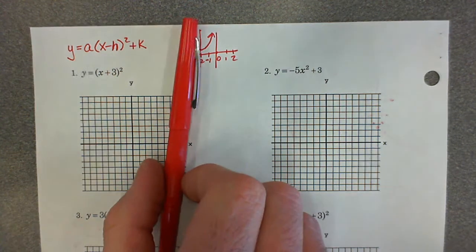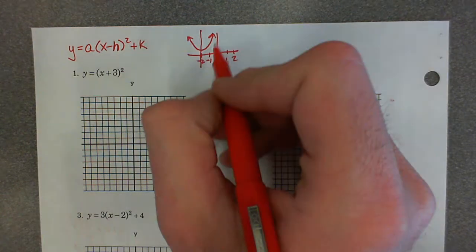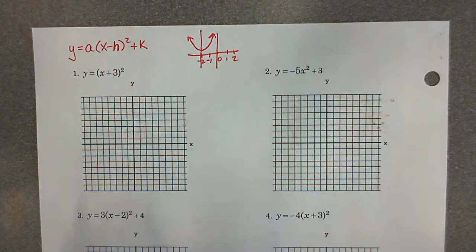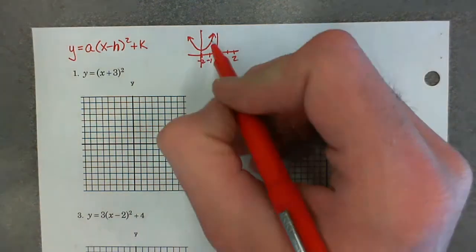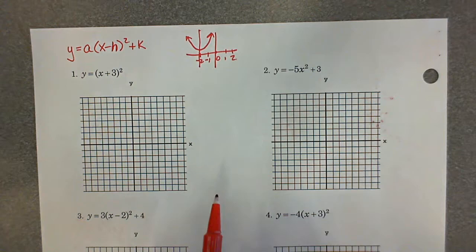You wouldn't see this part of the graph, so you would never notice that it actually is U-shaped. You would only see this increasing, increasing, increasing. So, first thing you do is find your vertex.